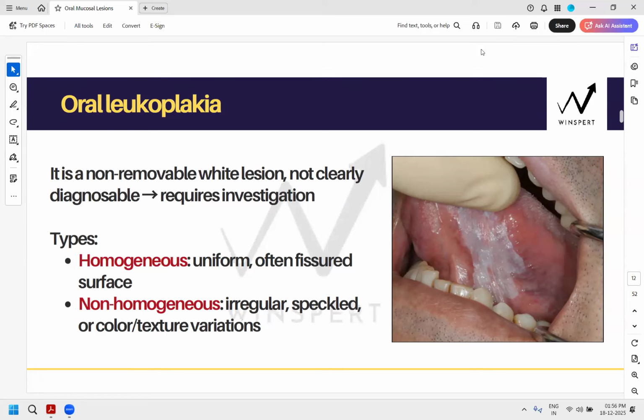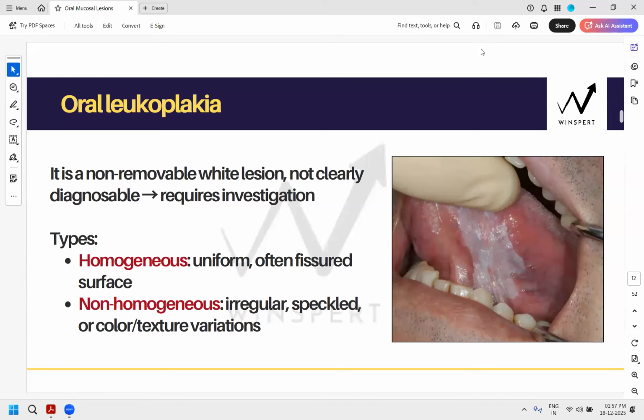It can be homogeneous or non-homogeneous. Homogeneous is smooth and uniform, but sometimes the surface can be fissured. Non-homogeneous will be more irregular, textured, and have color variation, sometimes speckled with redness. They come in the category of oral potentially malignant disorder.